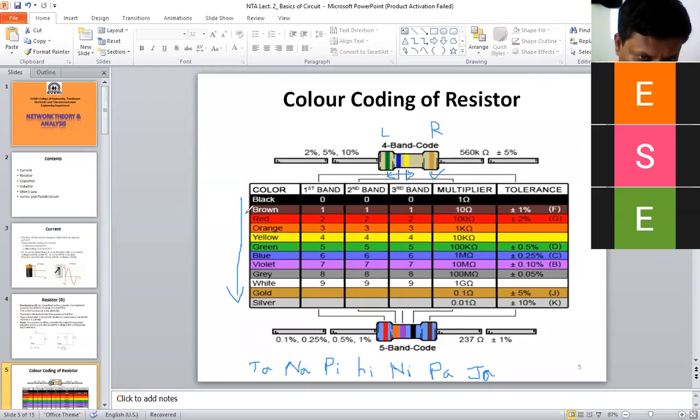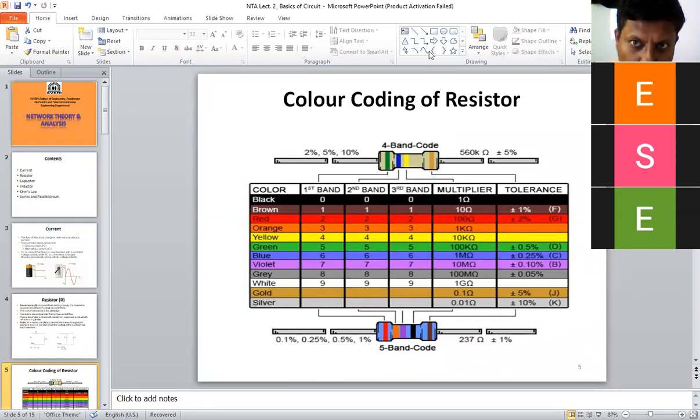Similarly, you have to remember these colors in sequence for identifying the value of a resistor. So the sequence you have to follow is BB Roy. First letters you can remember: BB Roy Great Britain Very Good Wife, then gold, silver.